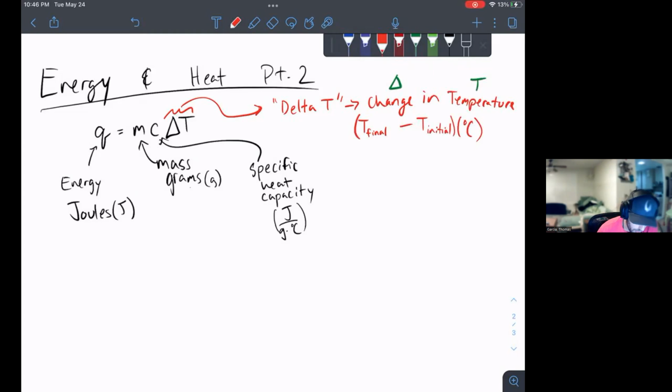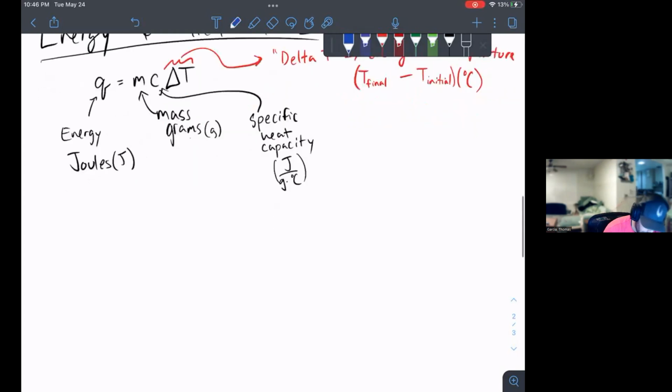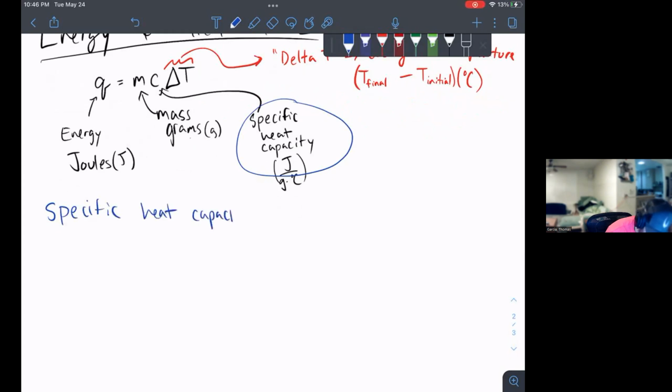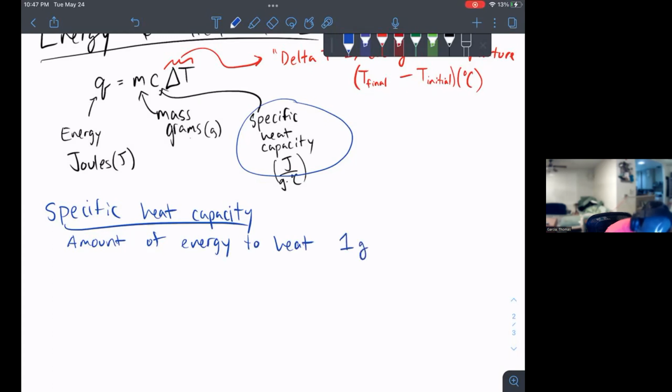So with that said, I'm going to take a brief aside to talk about specific heat capacity. So what is it? Well, specific heat or specific heat capacity is basically the amount of energy to heat 1 gram of a substance 1 degree Celsius.